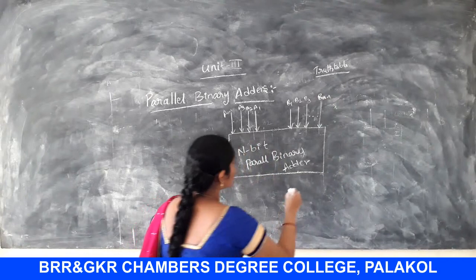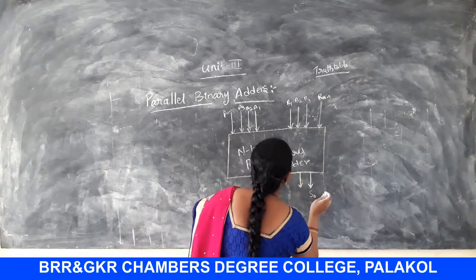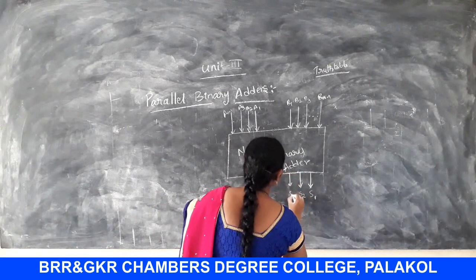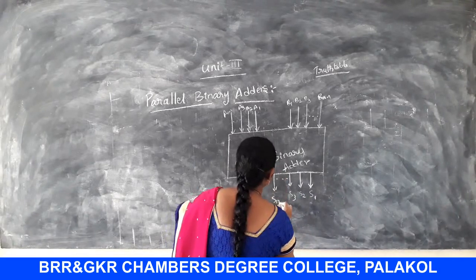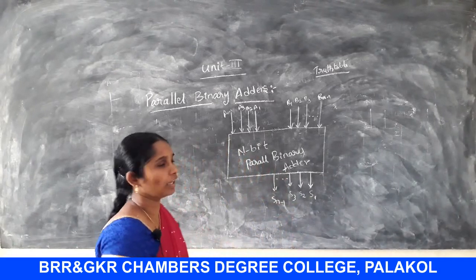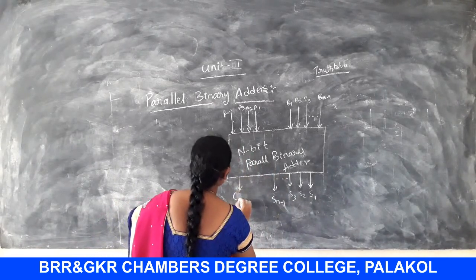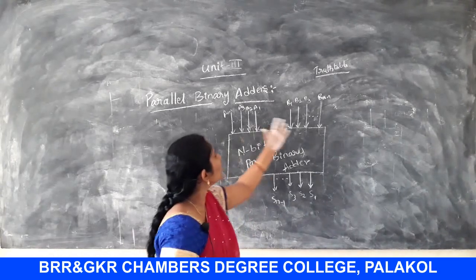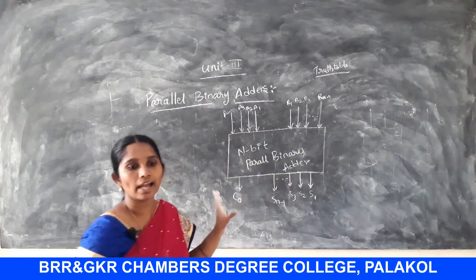It will produce the sum S0, S1, S2, S3 and so on up to Sn minus 1. It will also produce the carry, that is C0. This is the complete block diagram of parallel binary adders.